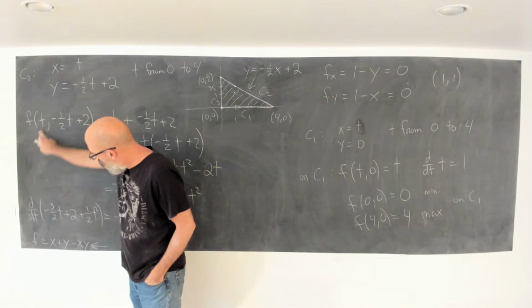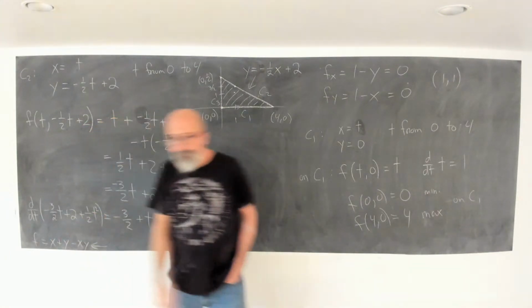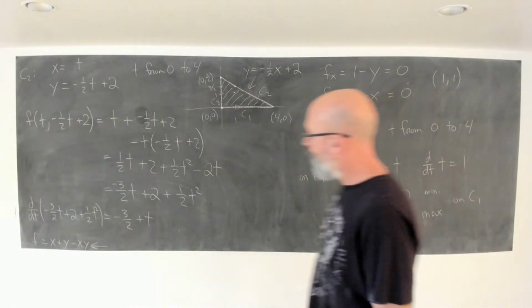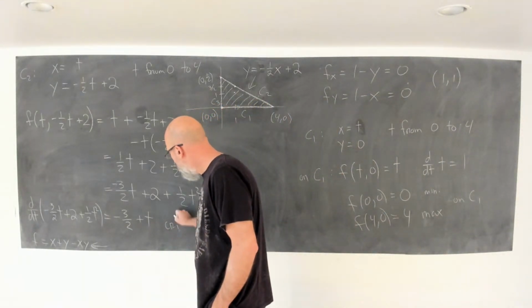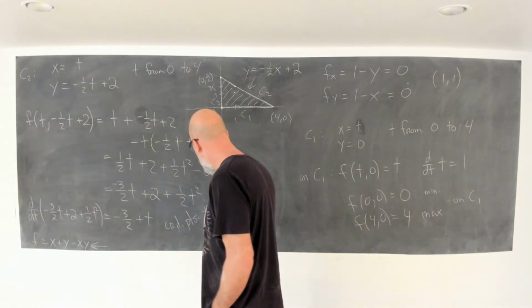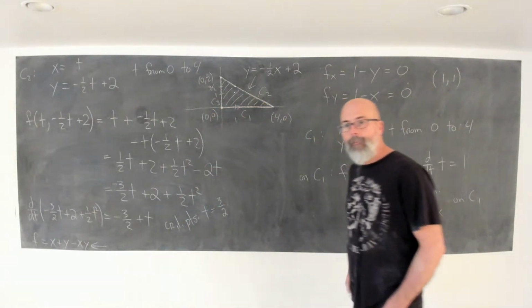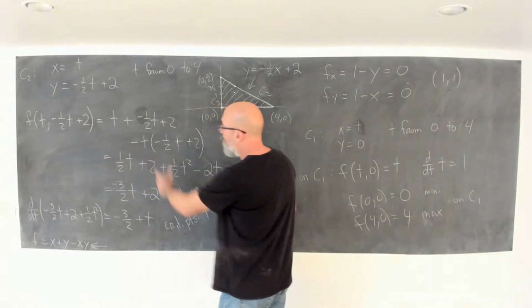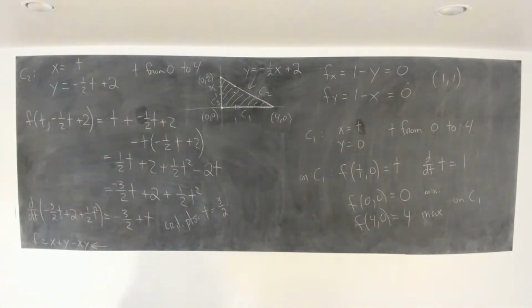So I'm replacing x with t and y with this. Derivative is this, and critical points: t is 3/2, which is in the interval.